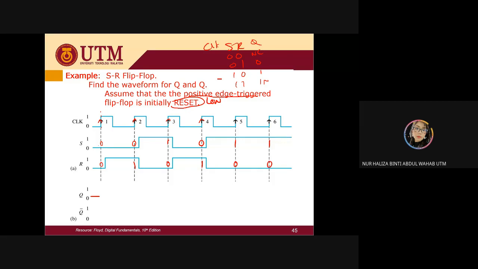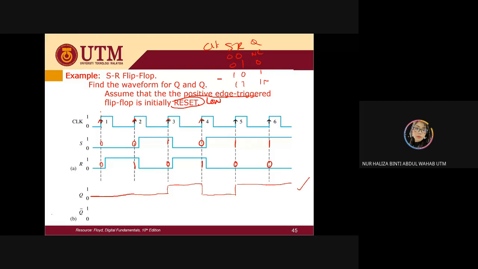So let's take a look. 0 and 0. No change until I meet another trigger. Another clock. 0, 1. 0, 1 is 0 again. So I continue until I meet another clock. 1, 0 is 1. Until I meet another trigger. 0, 1 is 0. I meet again. Here is 1, 0 is 1. 1, 0 is 1.